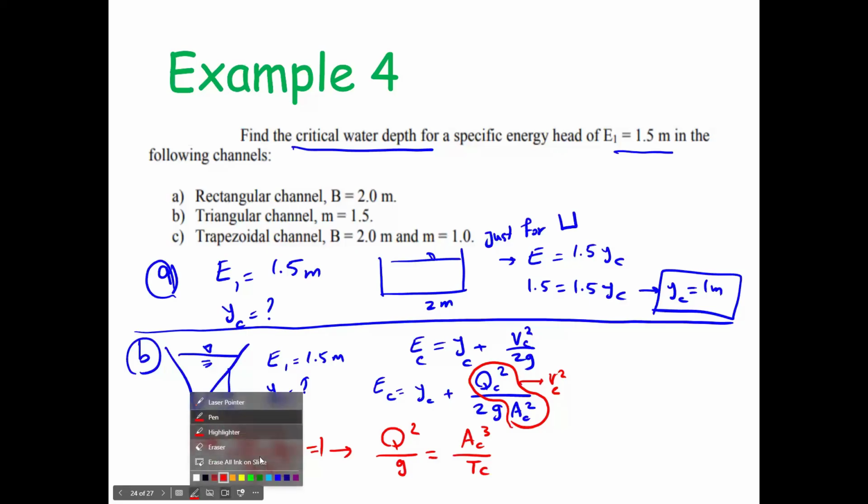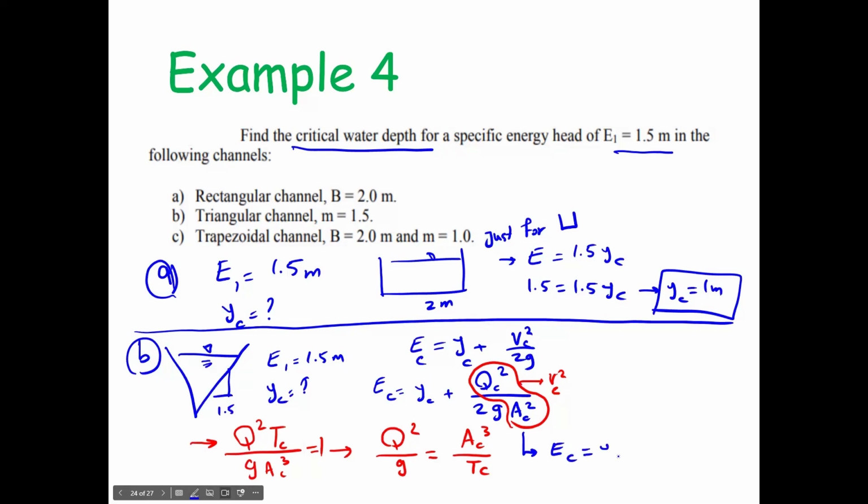So yeah, I will replace that. Instead of this one, I will say EC equal to YC plus, instead of Q square over G, let me make it in green, I'm going to replace this with AC cubed over TC.